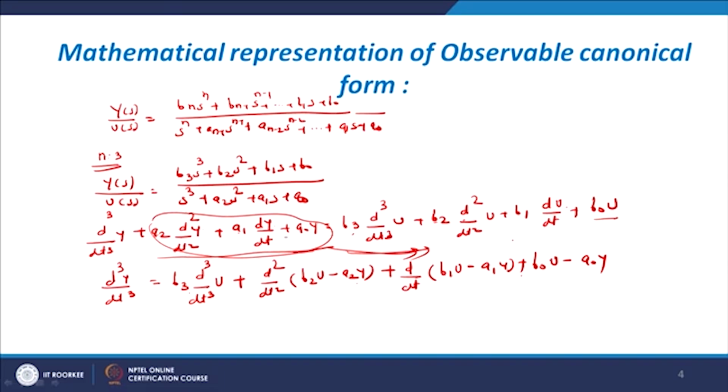Now we want the output equation. How do we get it? We integrate this equation three times, because when we integrate three times we can get y.